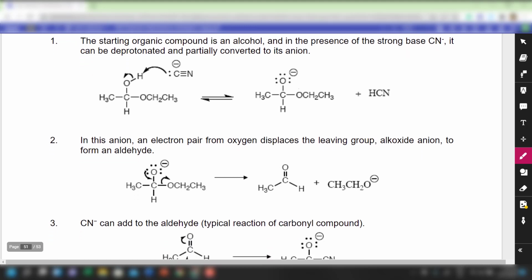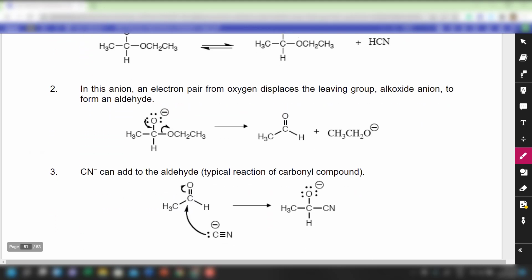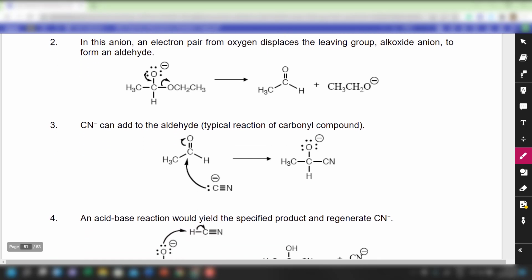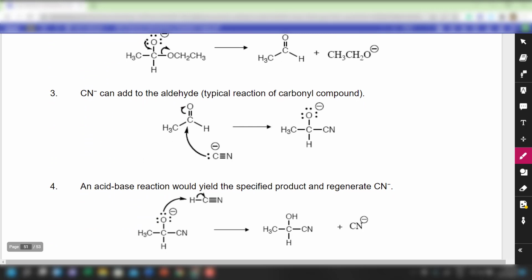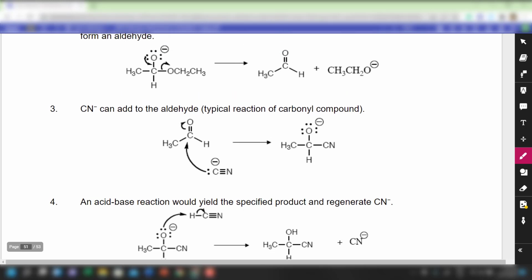A good way to improve on mechanism drawing is to work with more examples. If you work with more examples, you will be a lot more familiar with mechanism drawing, and then usually that will be okay.